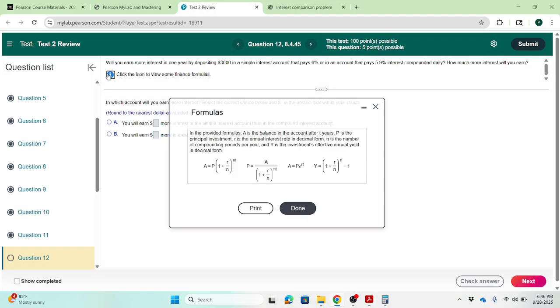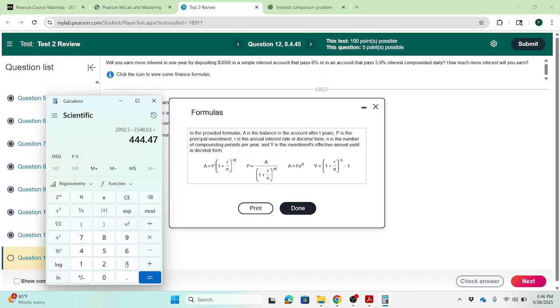Remember, the simple interest formula means I equals P times R times T. So how much interest are you going to make? It's 3,000 times 6% in a year, times 1. So that's the interest you are going to get with the simple interest formula, 180 bucks.